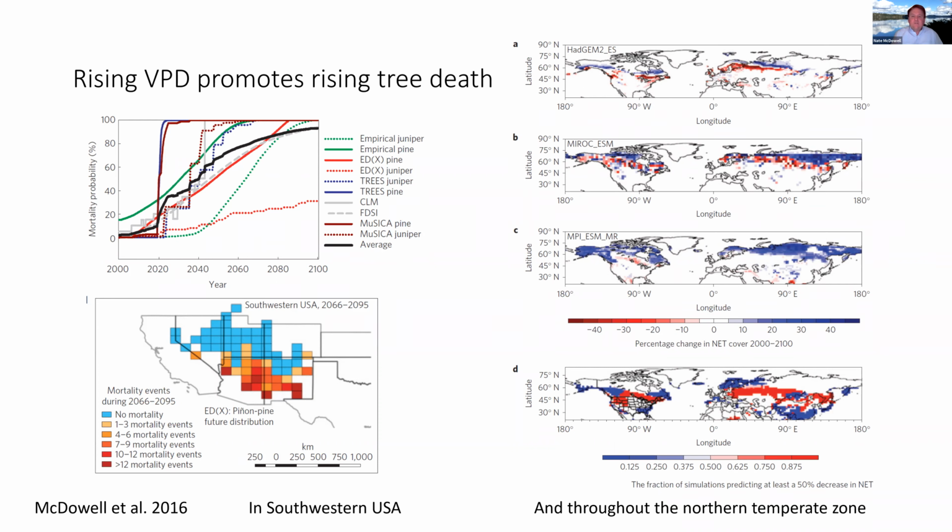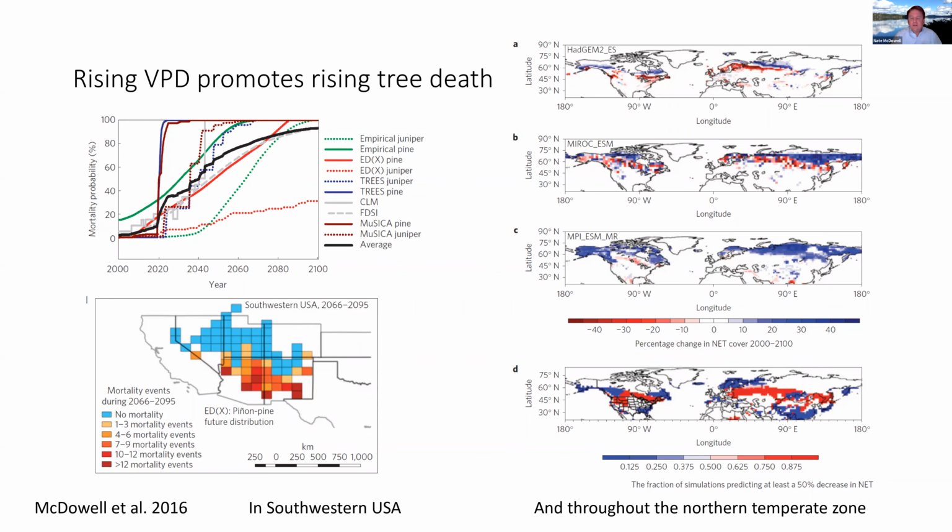But if we look at models that were generated through the CMIP process, for example, HadGEM, MIROC, MPI from Max Planck, and the bottom one's not labeled, but that's CLM, these models all actually are fairly consistent in showing something similar to what we showed for the Southwest.